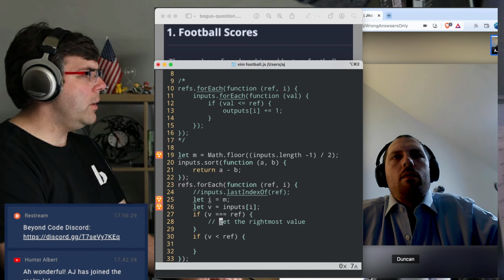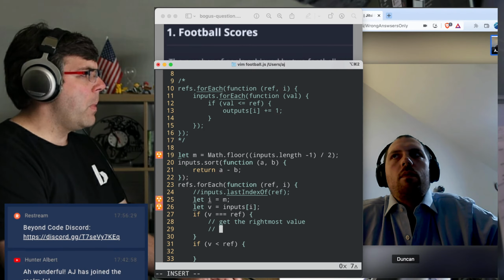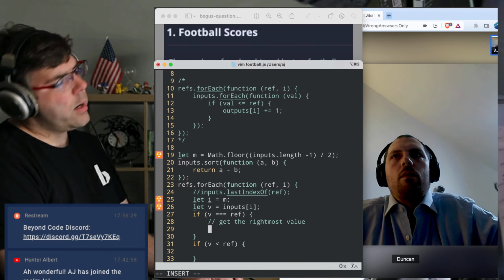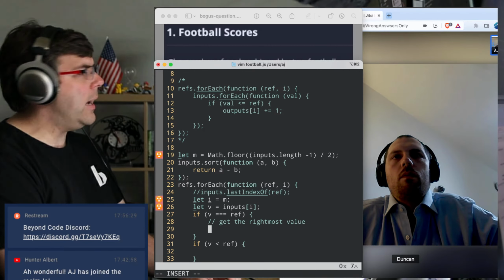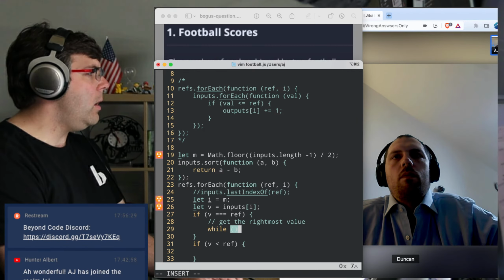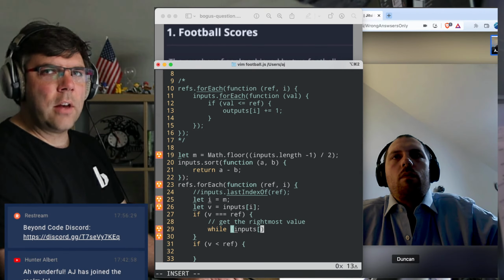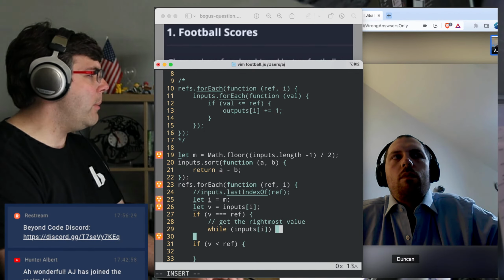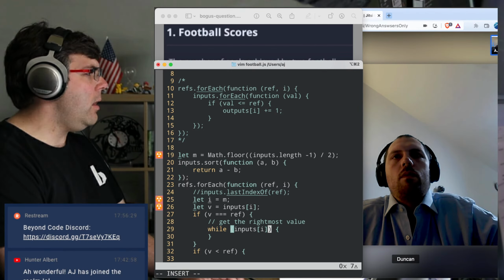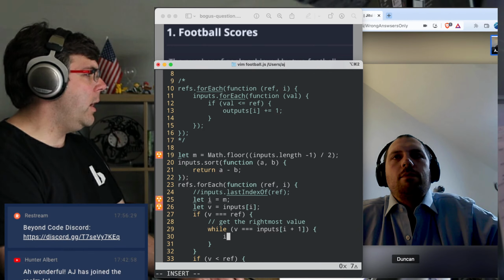So if V is equal to the reference, then we just want to walk as far right as we can. And we don't have to worry about nulls and stuff because we're in JavaScript, but we would have to worry about this in other languages. So while input plus 1 is equal to V, then I plus equals 1.